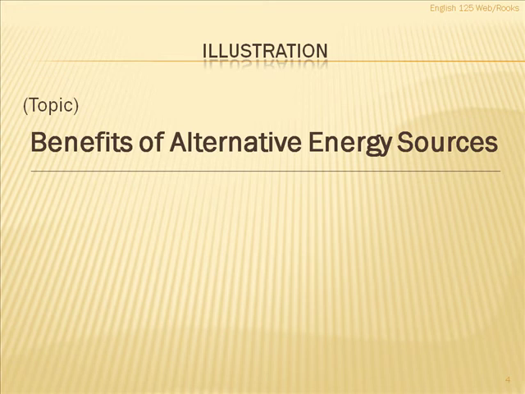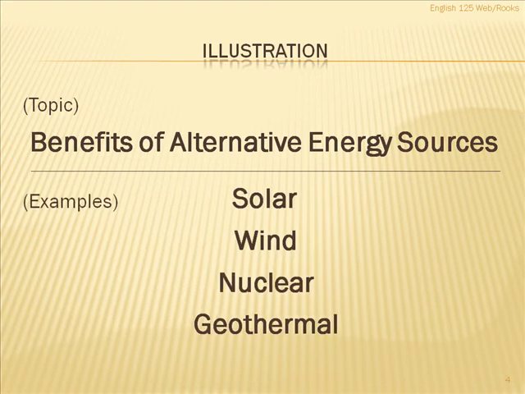Let's say you're working on the topic of the benefits of alternative energy sources. Now I might have in my mind an idea of what you mean by alternative energy sources, but it would be best if you gave me several examples of alternative energy sources, such as solar, wind, nuclear, and geothermal. That would help a lot.